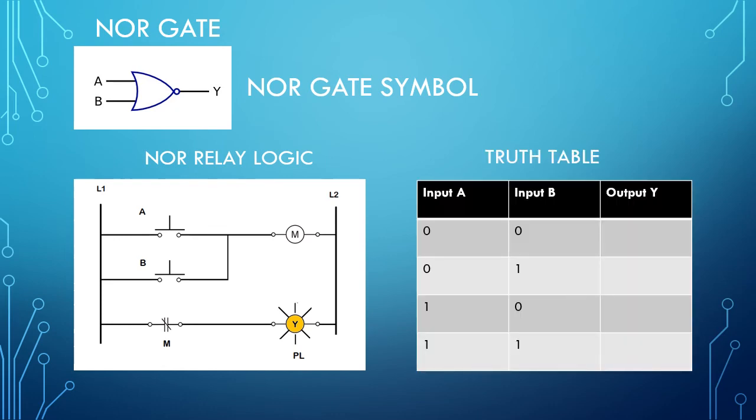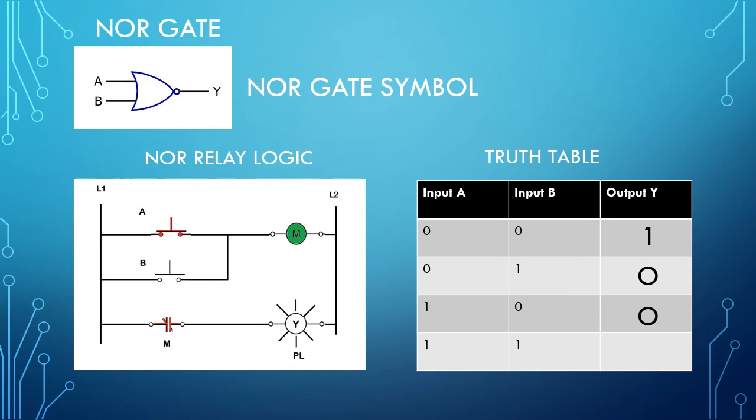So let's look at the truth table. When I don't press A or B, then my light is on. But if I press B, I do have a path to energize coil M, which opens contacts M on the third line, turning my light off. Same as if I press button A by itself.